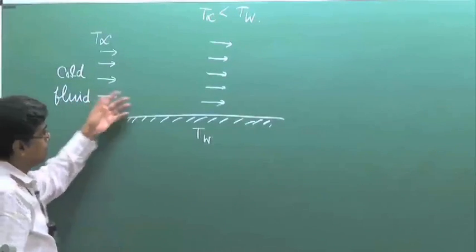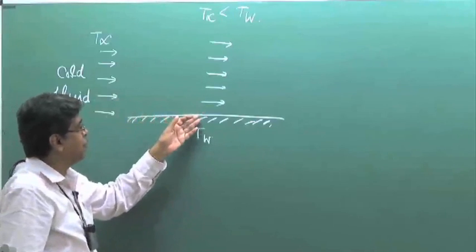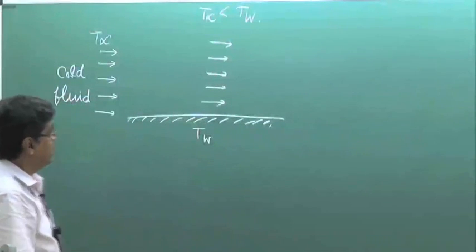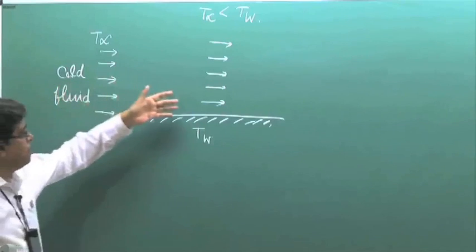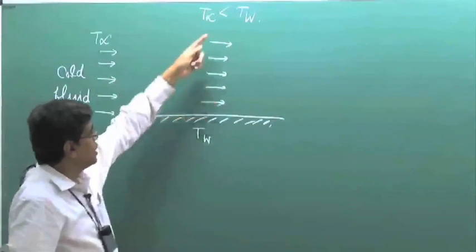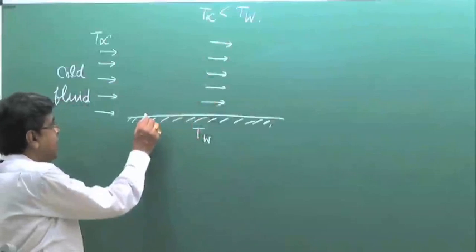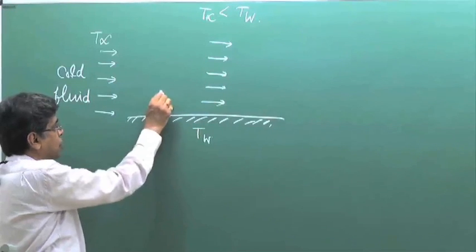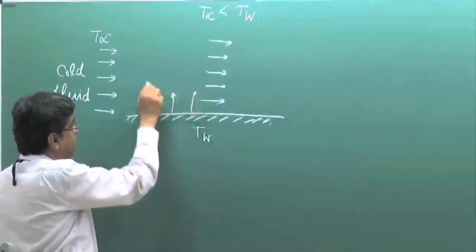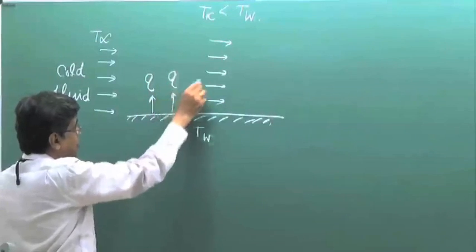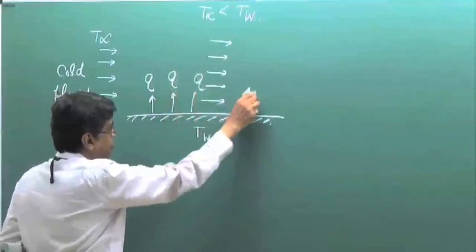As it flows past the solid surface, it will take the heat from the solid and it will be heated. So it is a common expectation that as the cold fluid flows past the solid surface whose temperature is higher, heat flows from the solid surface to the cold fluid in this direction. At each and every point, we can represent this as the heat flux q, heat flow per unit area.